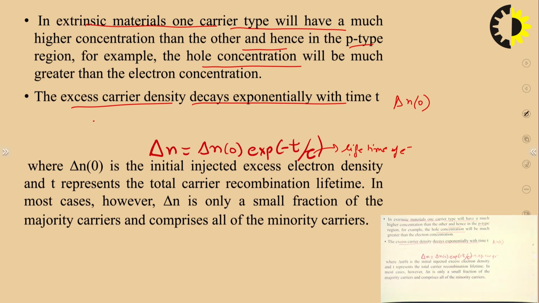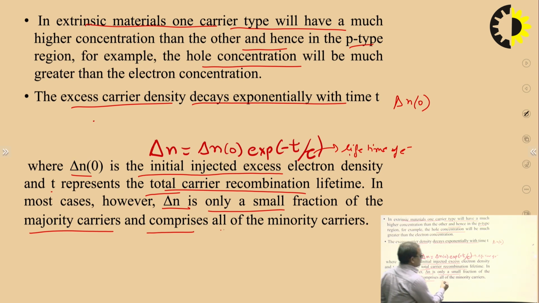Clear? So delta n naught is the initial injected excess electron density, t represents the time, and tau is the recombination lifetime of the electron. Delta n is only a small fraction of the majority carriers, comprising the minority carriers.